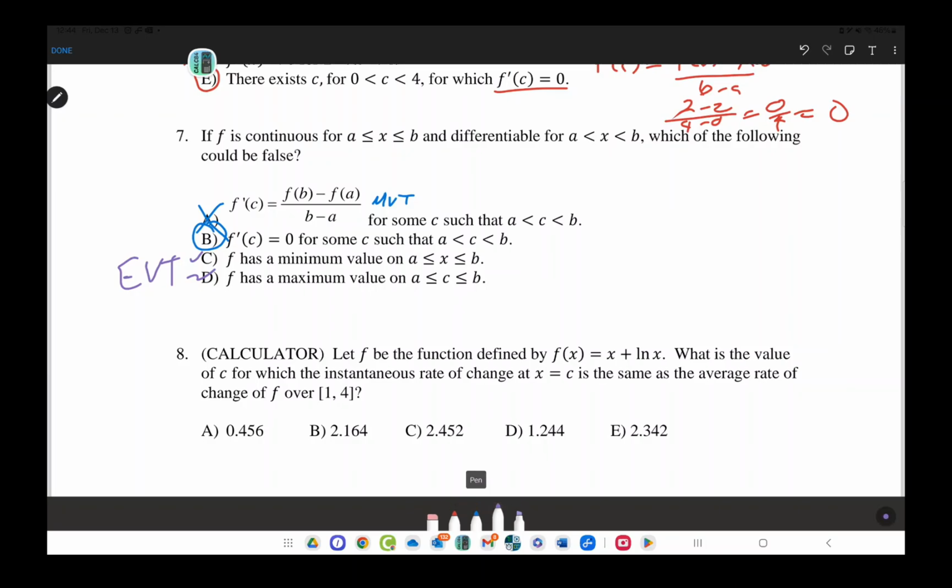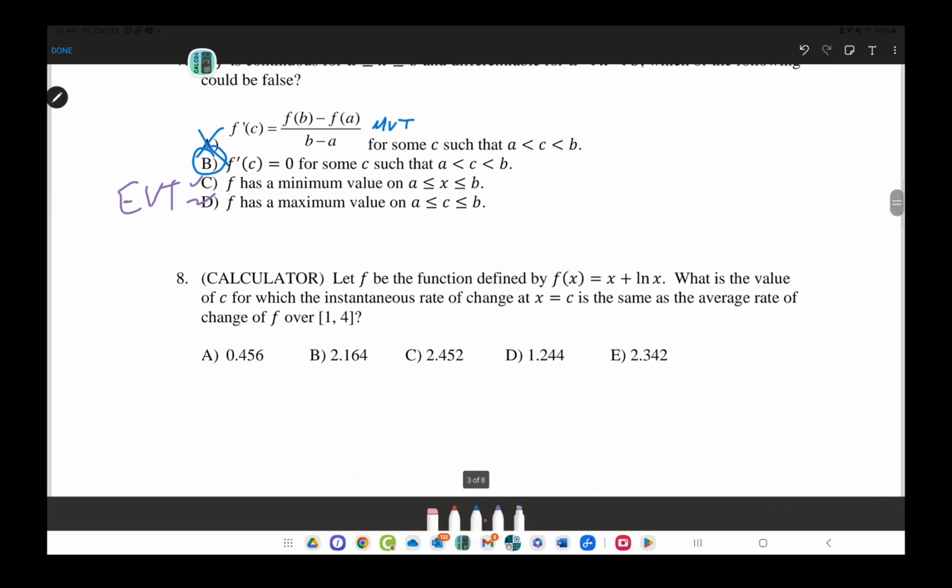So, let's see here. What is f of 4? That is 4 plus natural log of 4. And f of 1 is 1 plus natural log of 1. What's natural log of 1? 0.